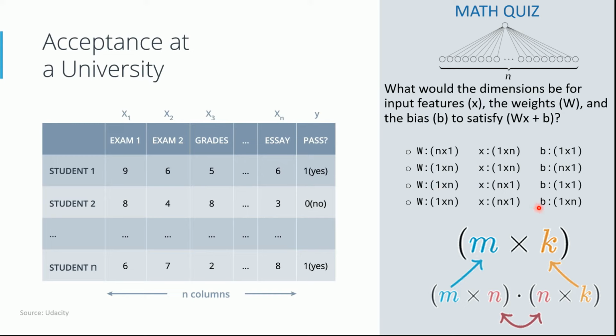However, when it comes to the bias, in the fourth case it will end up with a 1 by n result. We still want to finish up with a 1 by 1 result. So the correct answer is the third one. So in this fast math quiz about matrix multiplication, this is the correct answer.